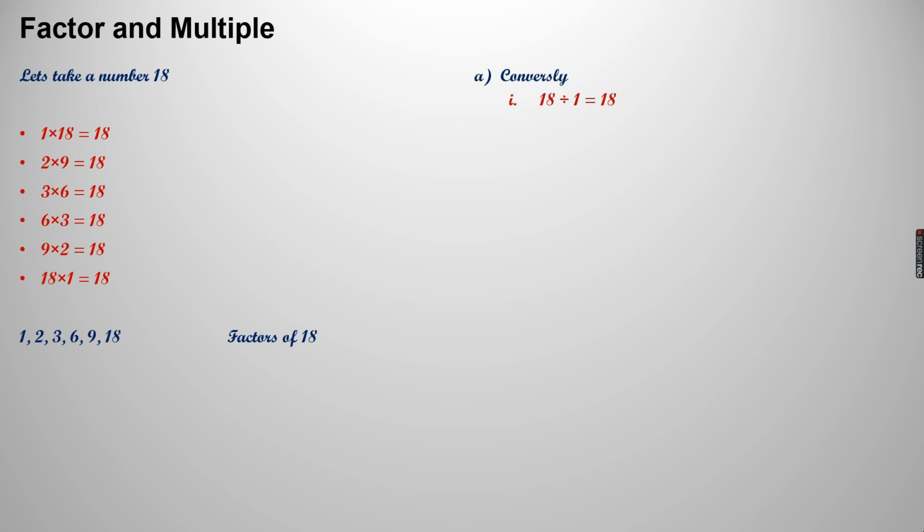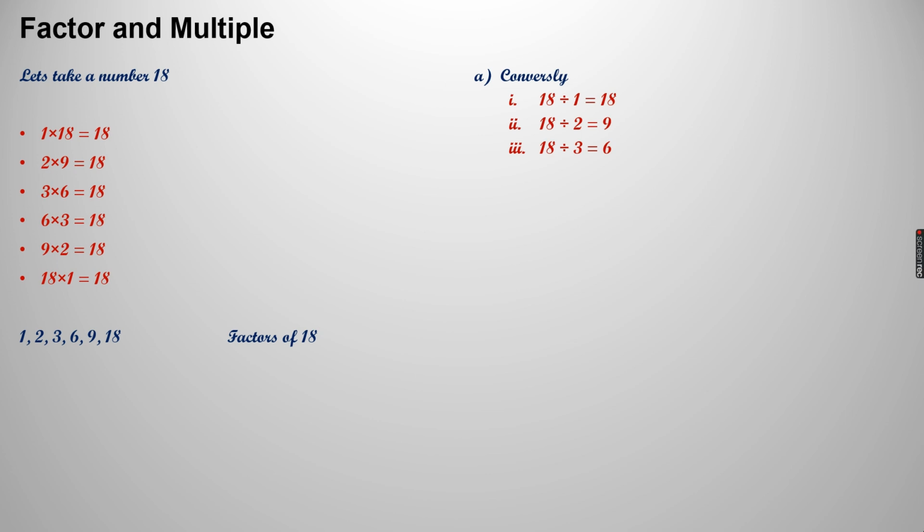We can also write it as 18 divided by 1 is equal to 18. 18 divided by 2 is equal to 9. 18 divided by 3 is equal to 6. What about 4? If you divide 18 by 4, let's say 4 into 4 is equal to 16 and 4 into 5 is equal to 20.